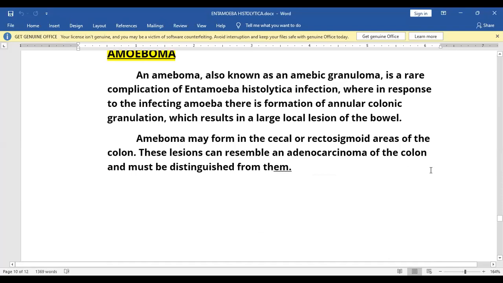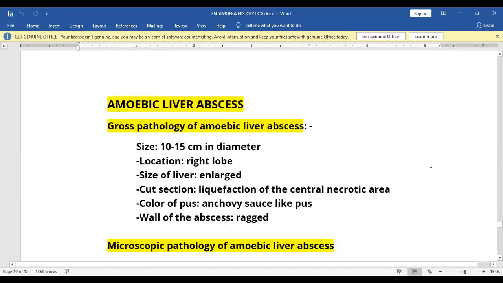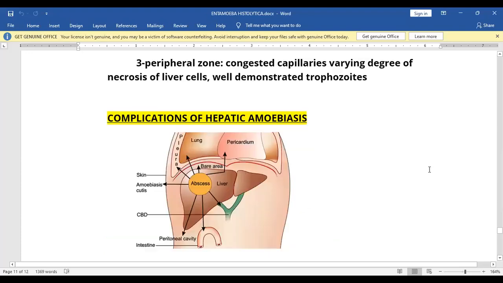You get a short essay question on amoeboma or an amoebic liver abscess. At the end, it all depends on you people, how much you want to take from these notes, or you want to study your book. This is just to make things easier for you.